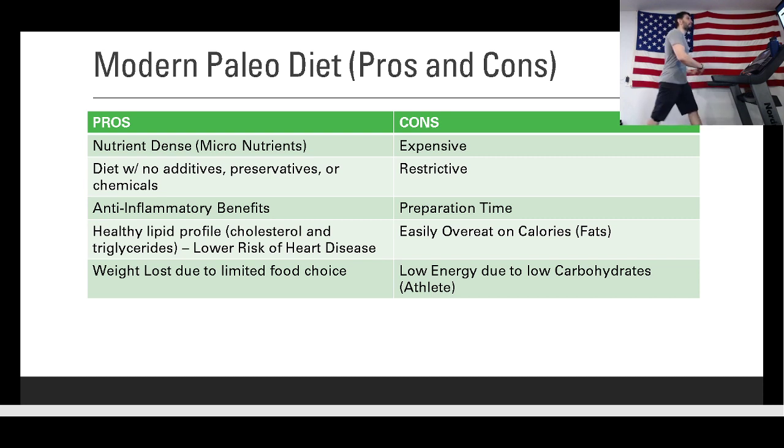Then the last con is, this is really more if you're an athlete. And I'll be honest, I experienced this myself, especially if you're doing any type of high intensity activity, like CrossFit, for example. Even though I know a lot of people push paleo and CrossFit together, I just don't know how they're doing it, to be real with you.